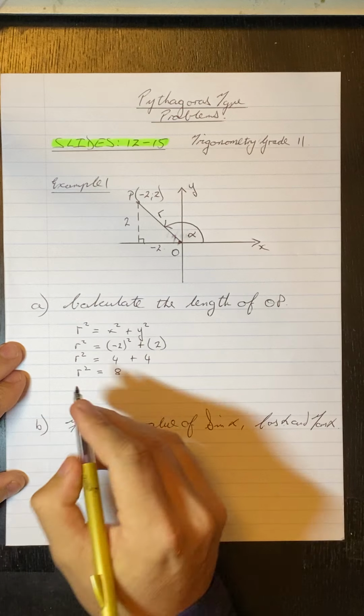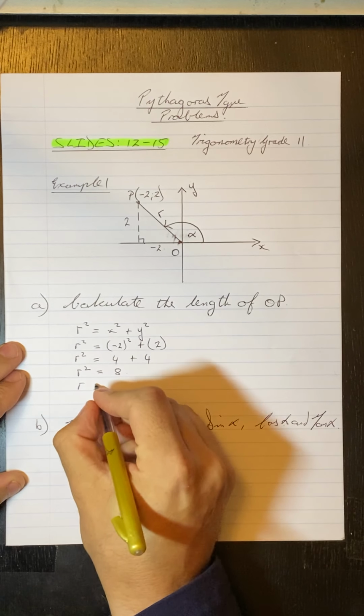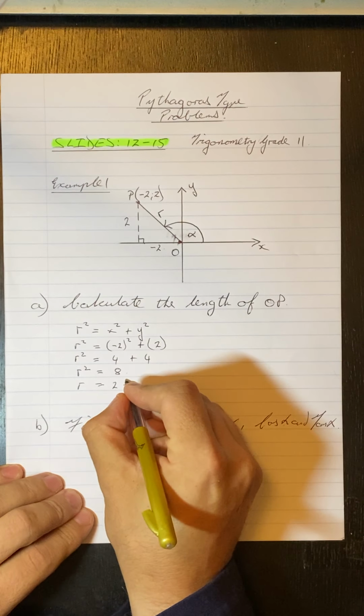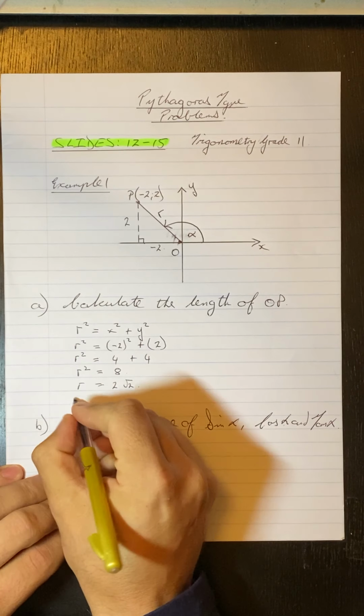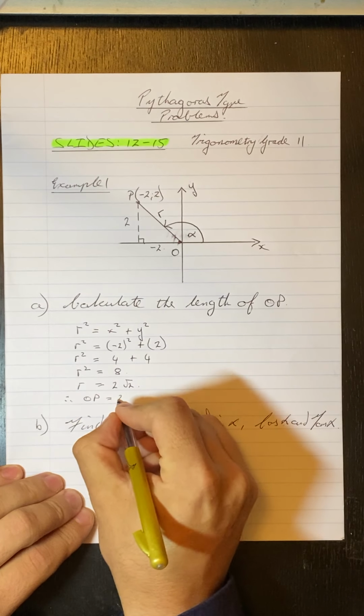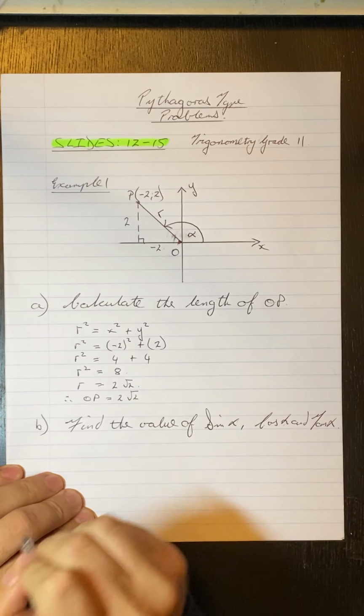Take the square root of that, and you should get that r is equal to 2 root 2. That means, therefore, this length OP is equal to 2 root 2.